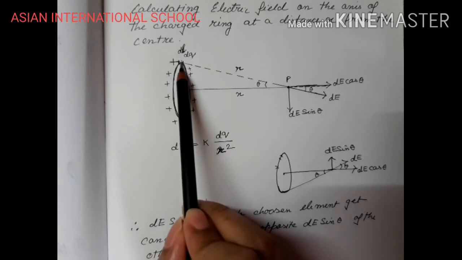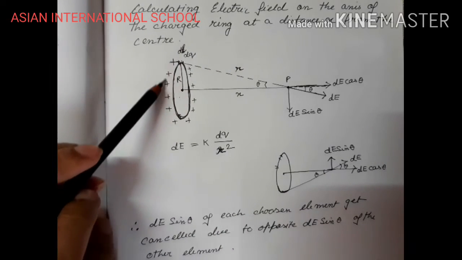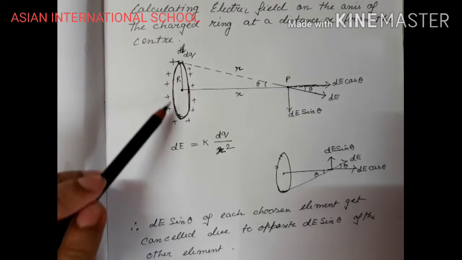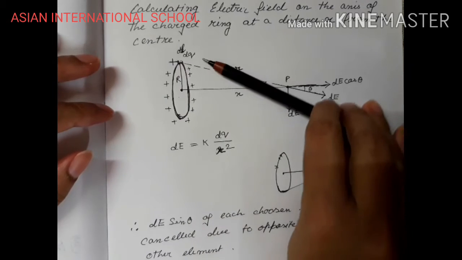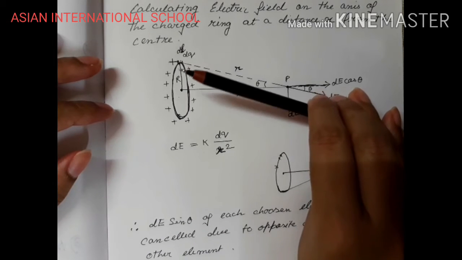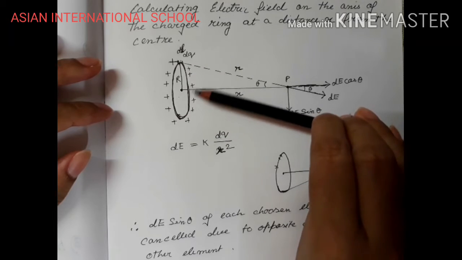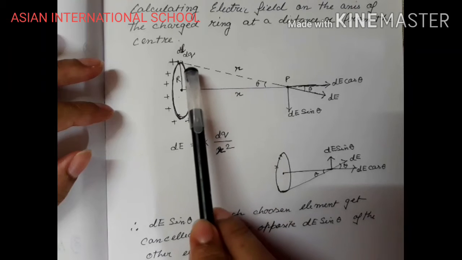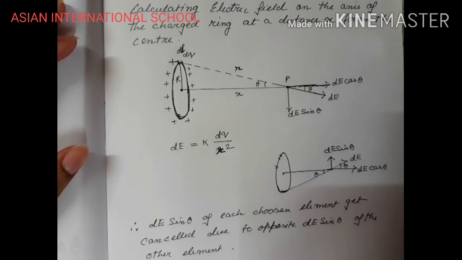If you rotate along the axis, along the ring, theta will always be constant. So R, x, small r, theta and the charge q are constant. So let us find the electric field because of the cos component.